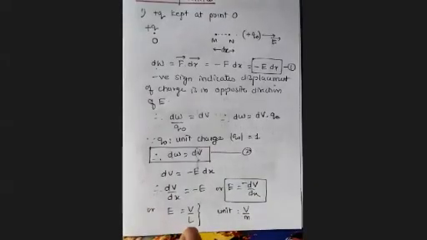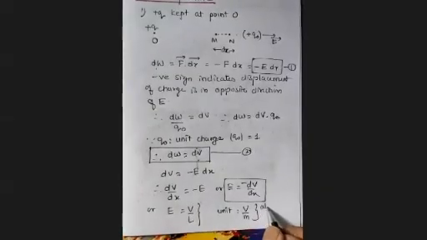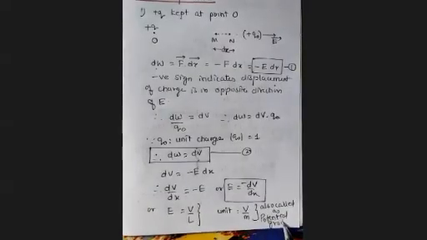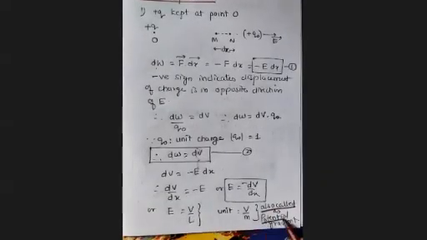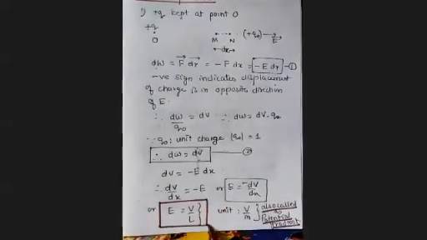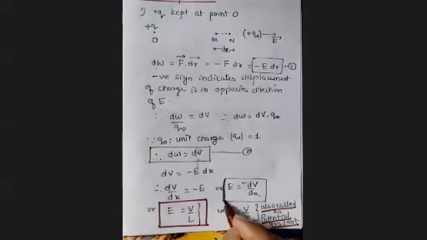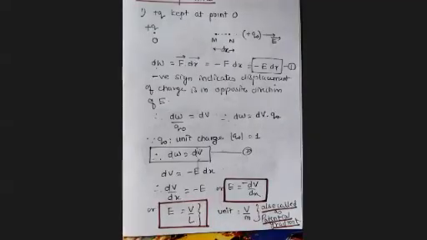It is also called potential gradient. This is a very important statement. So electric field intensity is also called potential gradient.